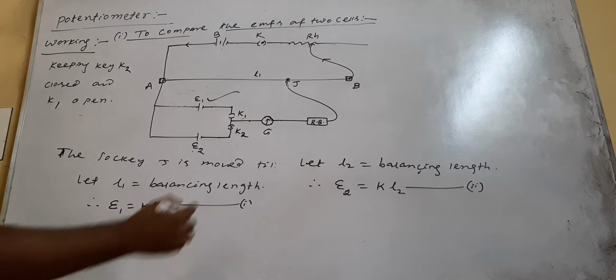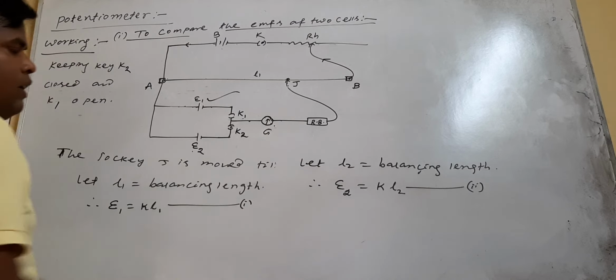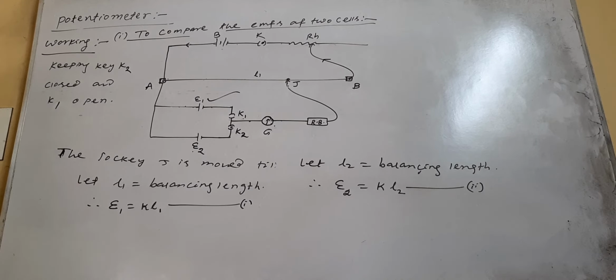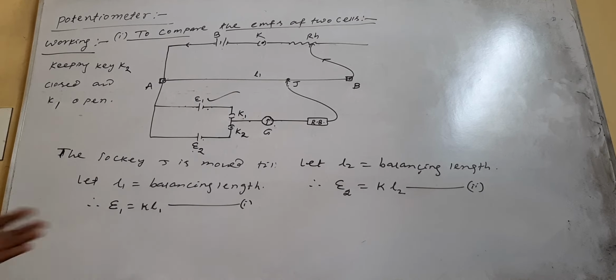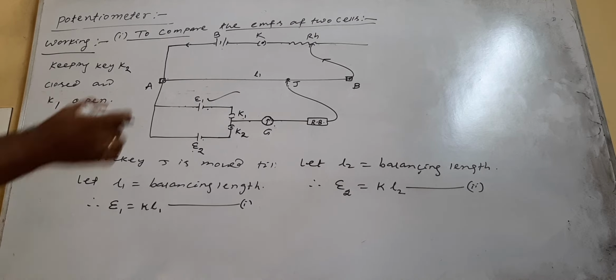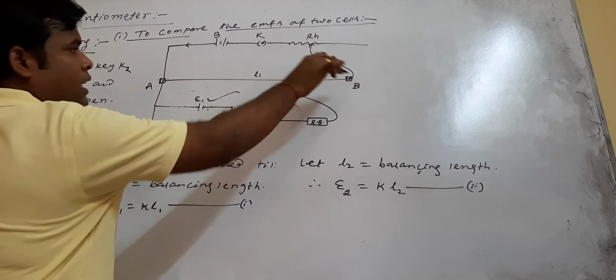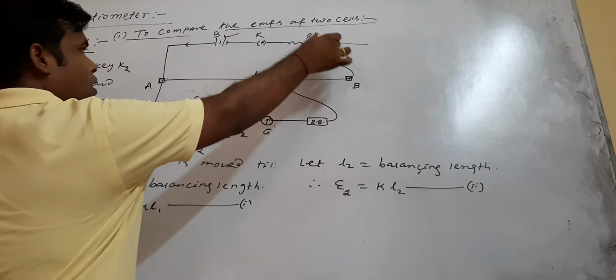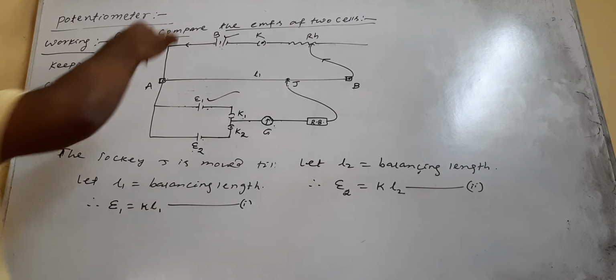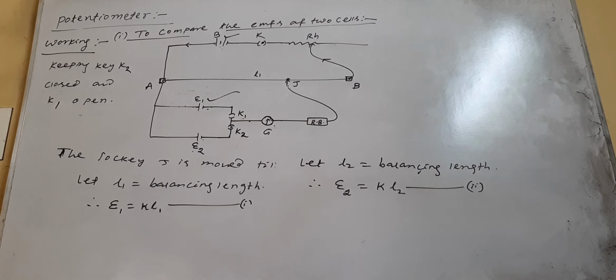Because when no current flows to the galvanometer, that means these cells do not send any current. The potential drop along this wire is due only to the driving cell, or the auxiliary cell.